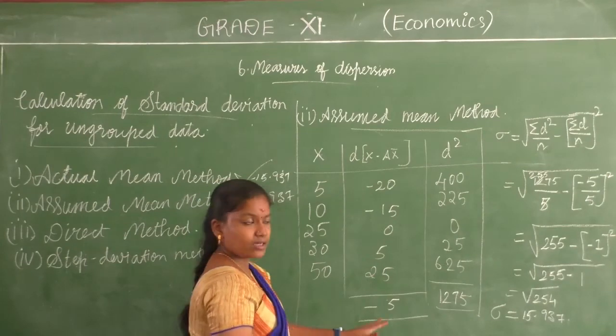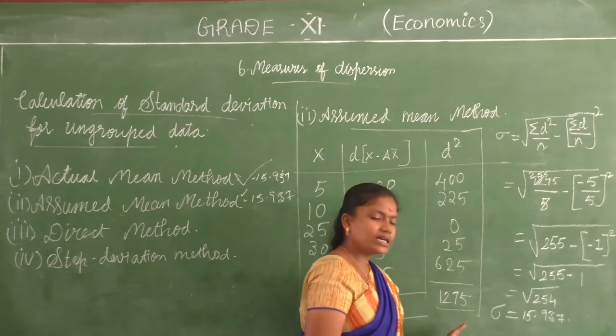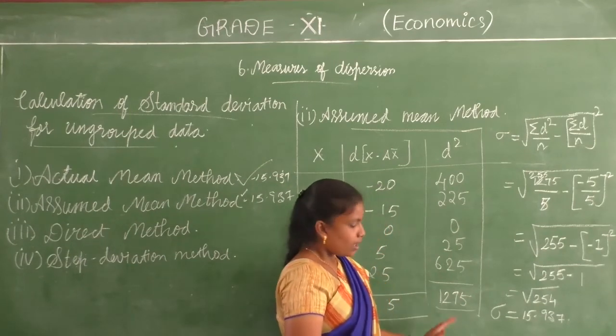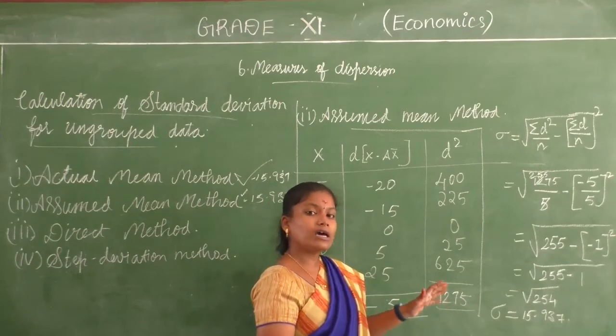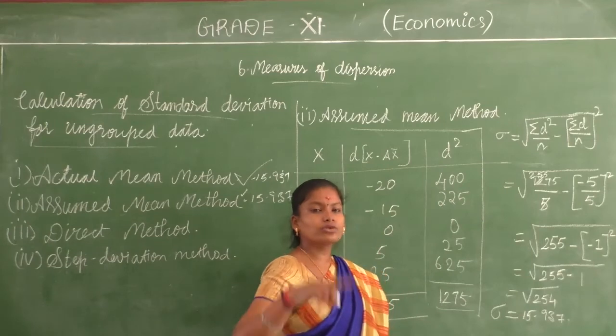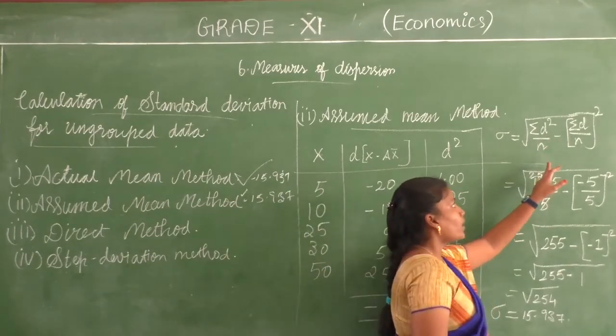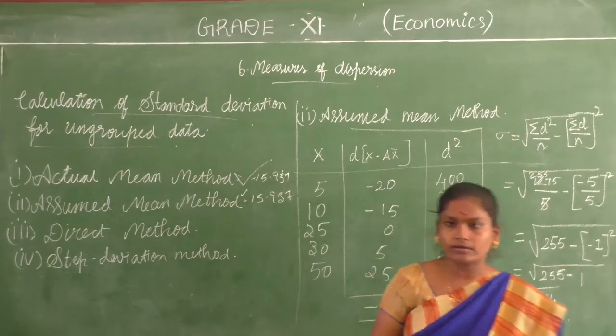Summation of d will not be 0 because we have assumed it. And here you get a d squared. When you apply it in the formula, what is the formula here? Sigma is equal to root of sigma d squared by n minus sigma d by n the whole squared. Say it again.